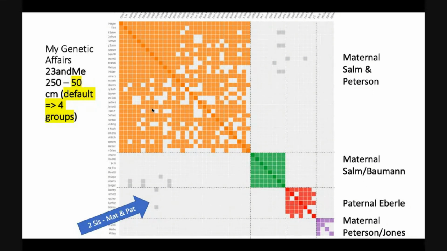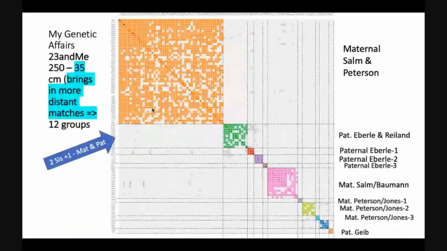Right, right. So this is the default from Genetic Affairs with that 250 to 50 cMs or centimorgans. I also looked to see what it would look like if I lowered that lower number.